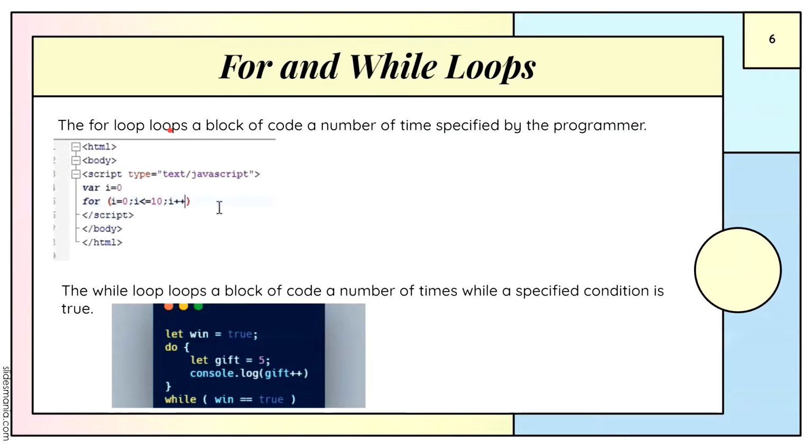The for loop loops a block of code a number of times specified by the programmer. So you can see we have our values, which I'll show you more in the coding, and then we have our code, and it goes for a number of times. For example, let's say you wanted to repeat a piece of code 3 times, then you would do this.